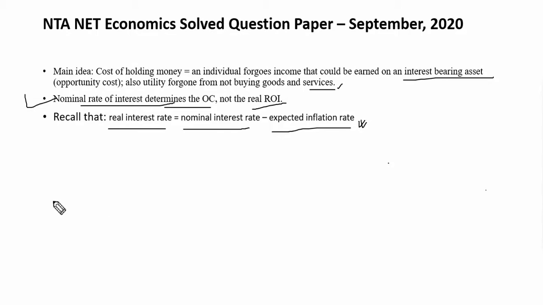So what is being said here is that we are not taking into account expected inflation in the case of the opportunity cost of holding money. So we are using the nominal rate of interest for understanding the opportunity cost or the cost of holding money.